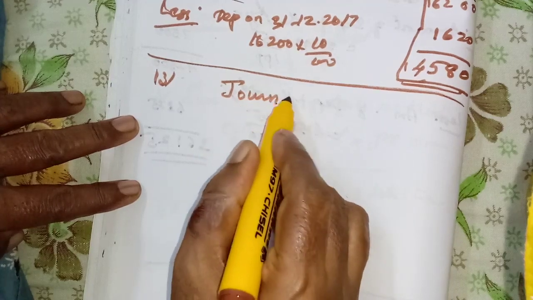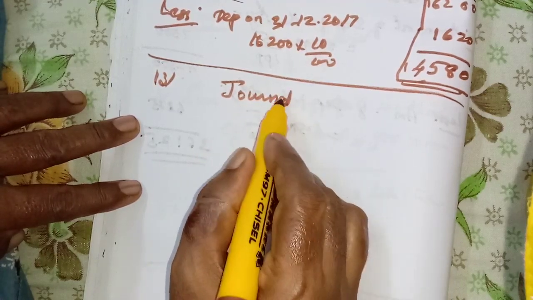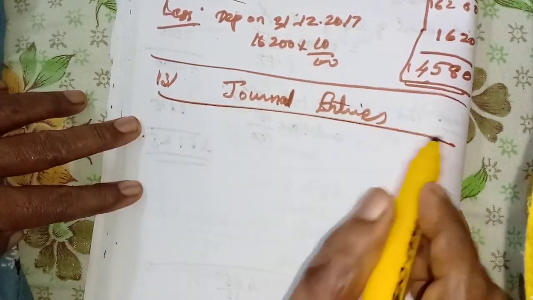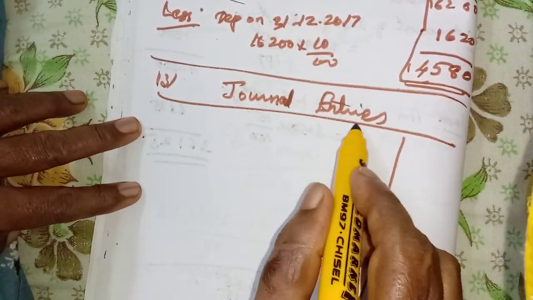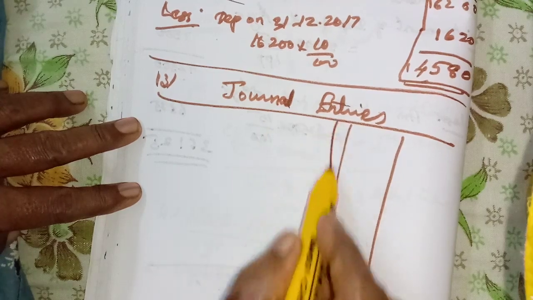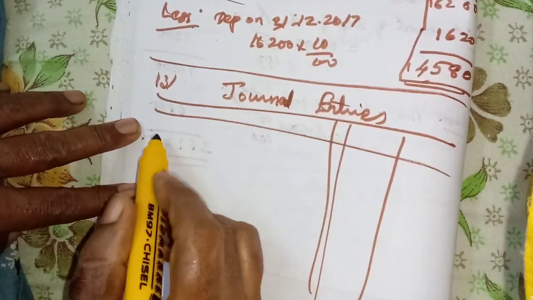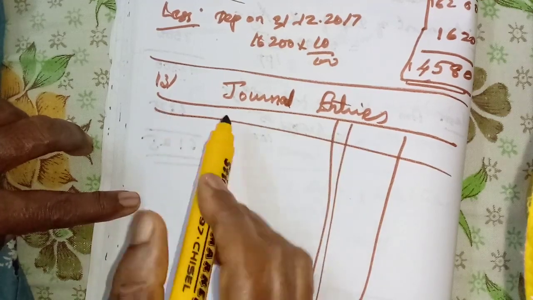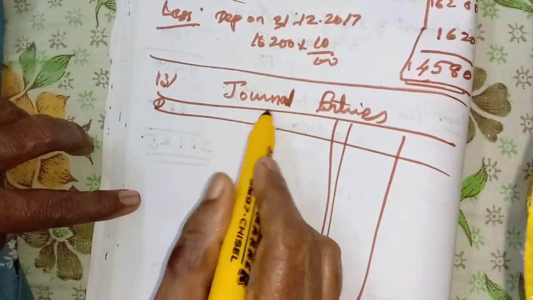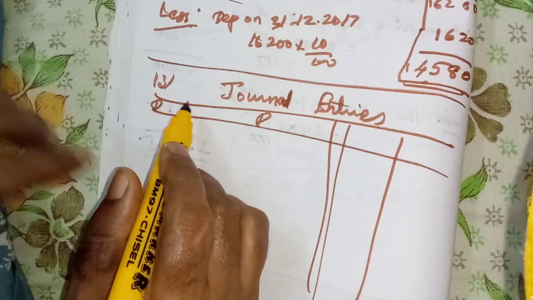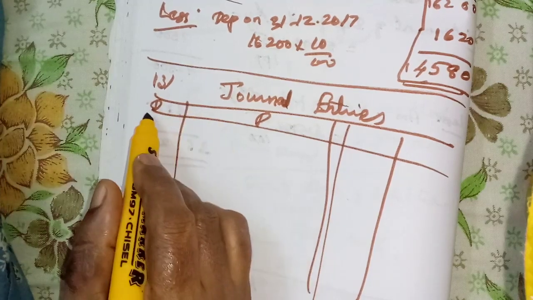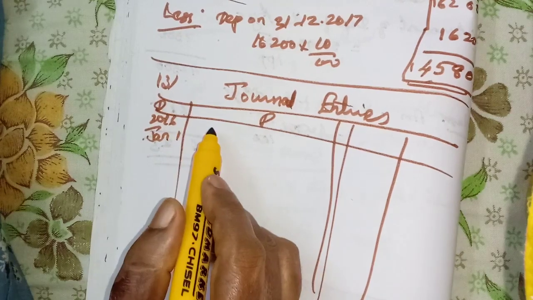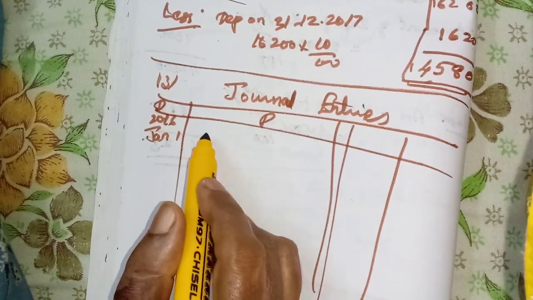For how many years? 2 years. Journal entries. Yeah, the particulars, date, particulars. Okay. When we purchase on 1/1/2016, January 1, what is the entry for purchasing?